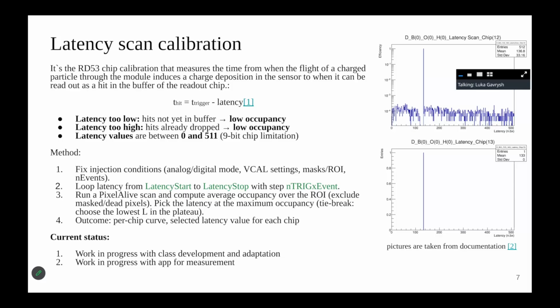The peak in the plot indicates the best or most common value for the latency of the chip. The low occupancy noise at the bottom of this plot is aggregated just for the sake of an example.